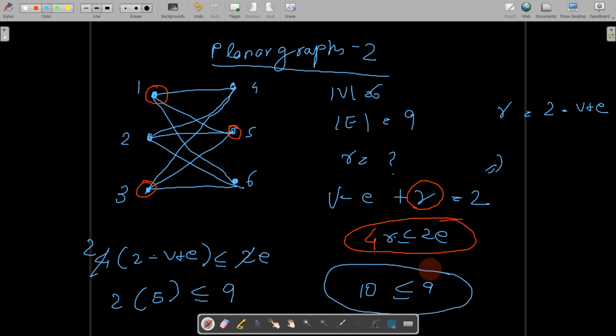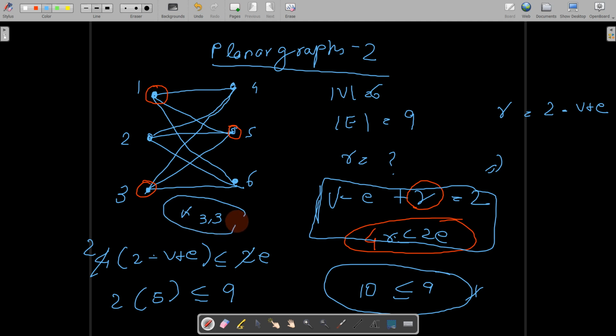We assumed K33 is planar. But if we assume it to be planar, then the inequality which is always true for any connected planar graph is giving something absurd. 10 cannot be less than or equal to 9. So we can conclude that our initial assumption that K33 is planar is false.